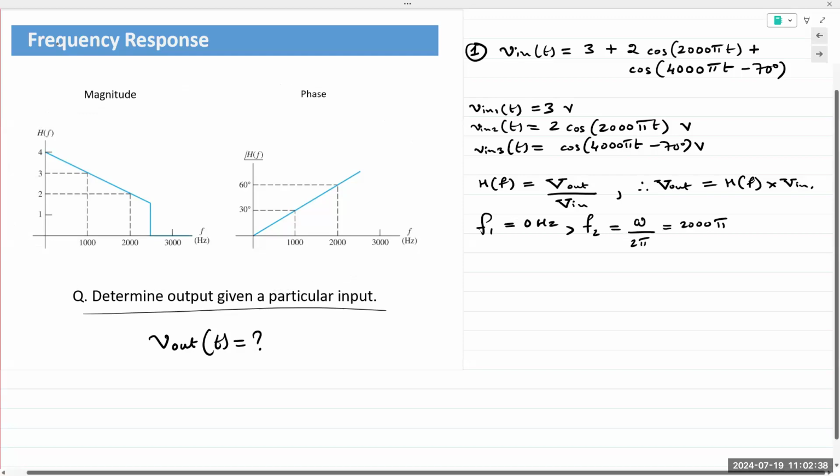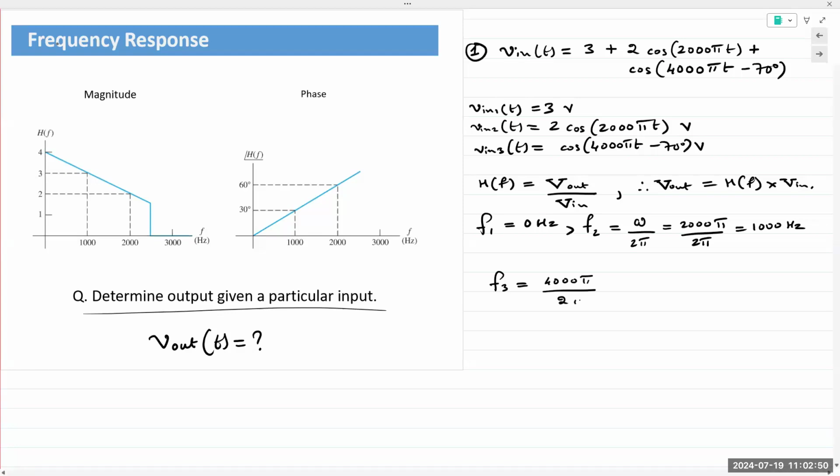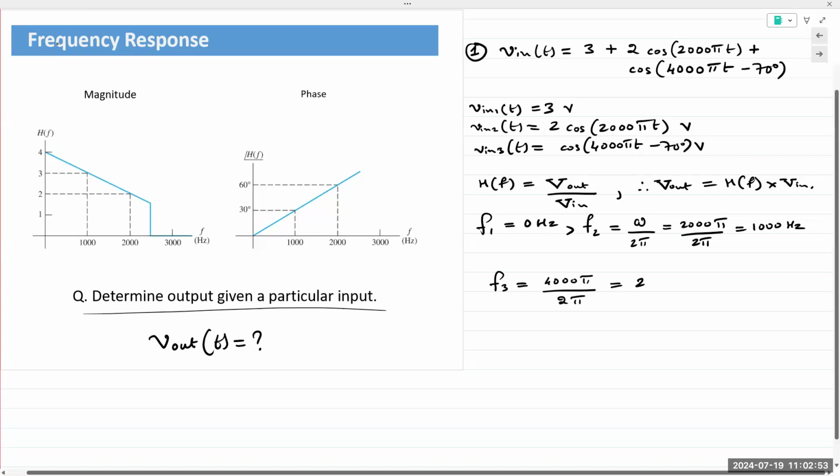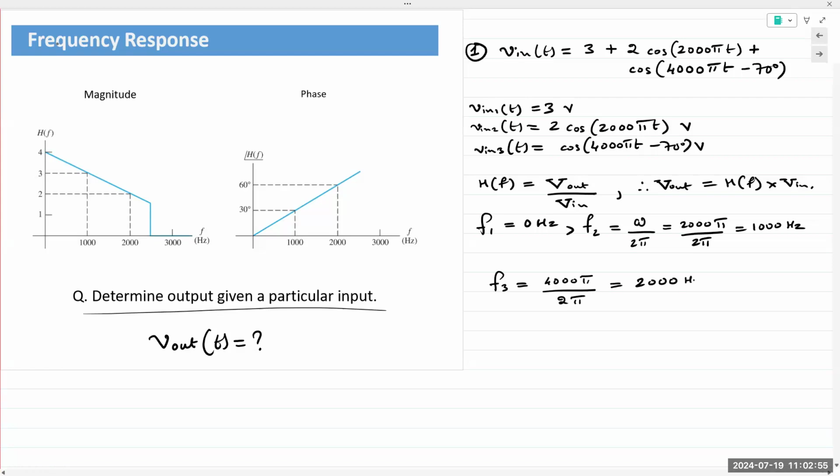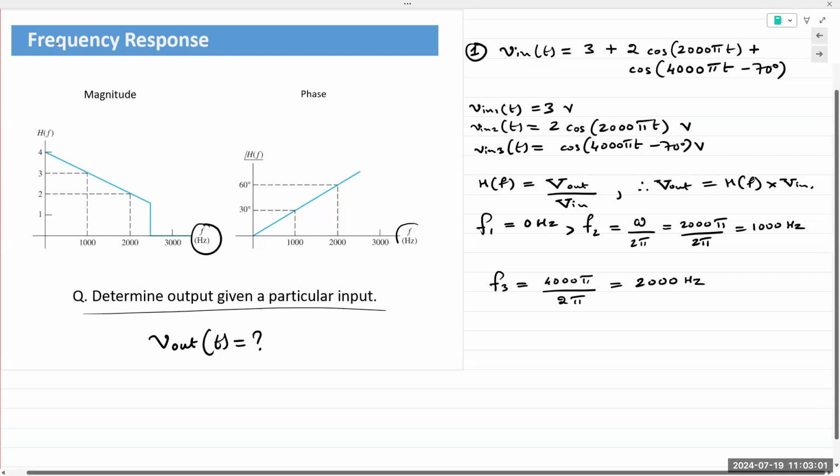So 2000 pi divided by 2 pi gives me 1000 hertz. In F3, 4000 pi divided by 2 pi gives 2000 hertz. The reason I am converting to hertz is because my chart is also in hertz.